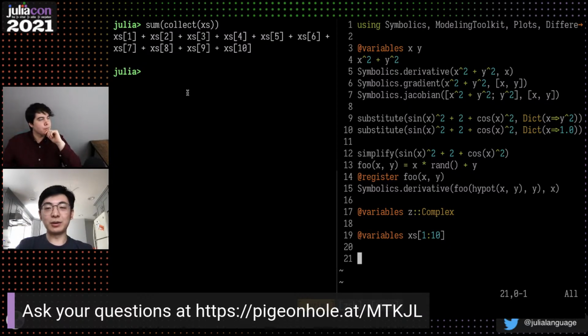So now let's dive into a more realistic example. Let's use the Rosenbrock function. The Rosenbrock function is usually a nice test example for optimization solvers, and it has the minimum at the one vector.